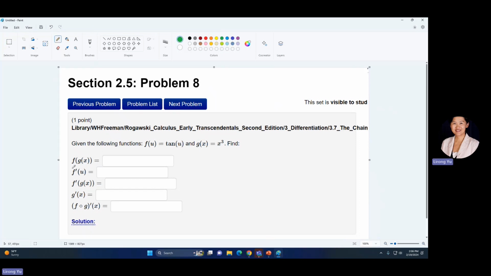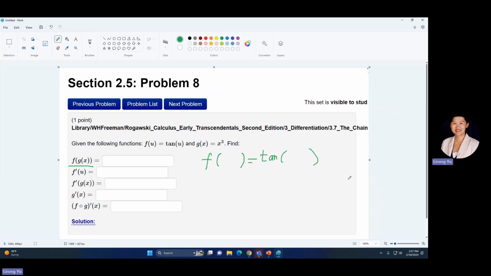So let's look at the first question. You put the inside function into the outside function. That is, when you plug this function into the function f, you're replacing the u by g of x. The f function takes whatever input it is and takes the tangent of it.